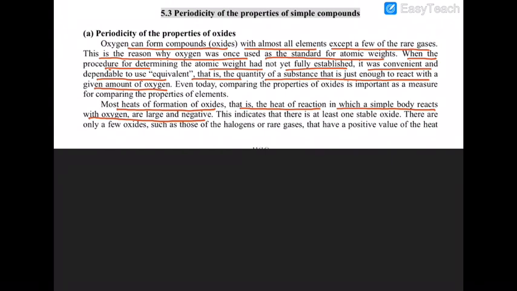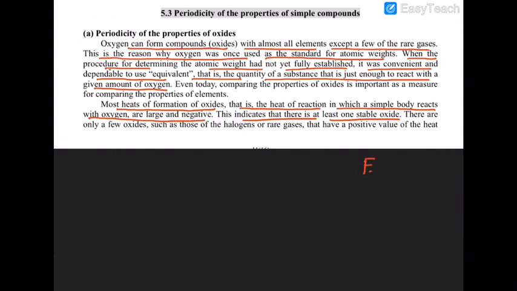That is, when an element reacts with oxygen, a lot of heat is liberated, and this is known as what? Exothermic reaction, the reaction in which heat is being released. This indicates that there is at least one stable oxide for most of the elements. Okay, remember that one more point here also.